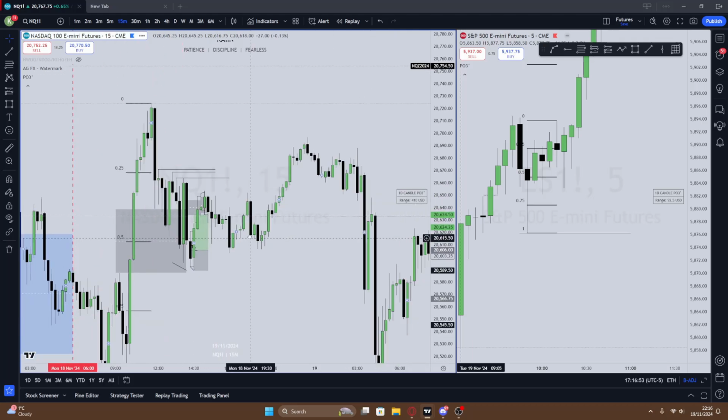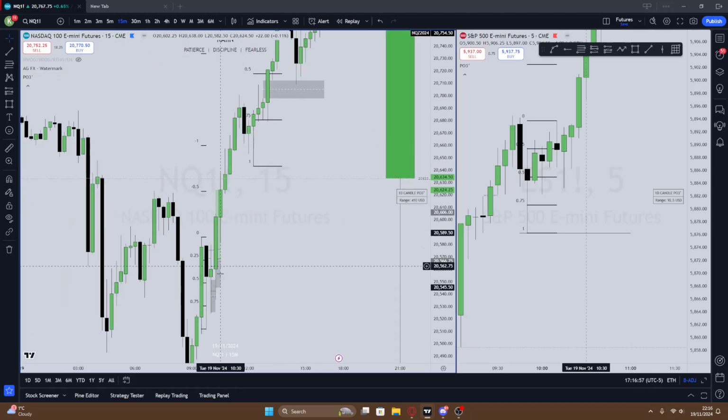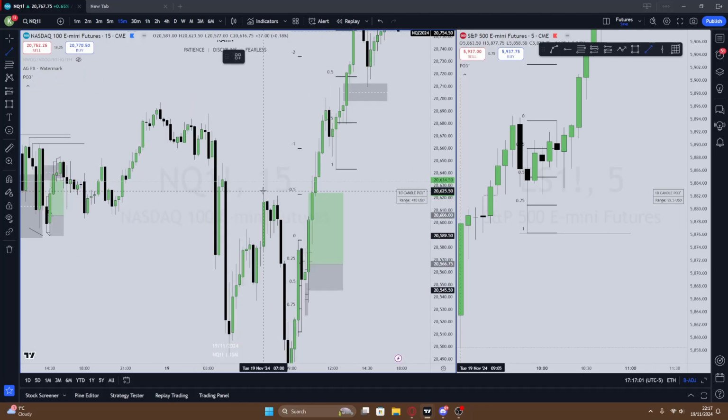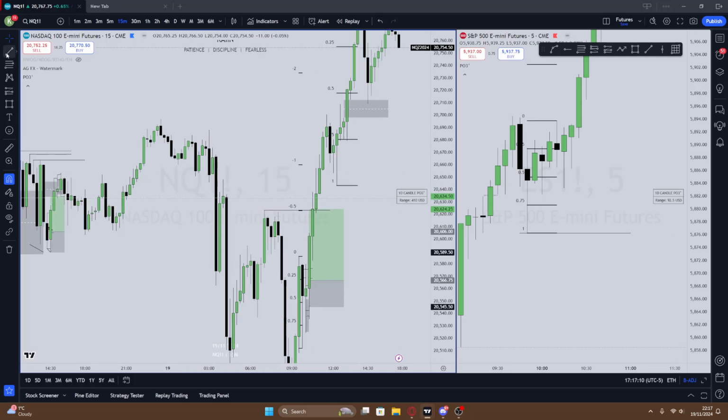Let's see. So yeah, TP1 over here. Still, low resistance liquidity runs might be my new favorite concept now, to be honest. We also have a high point there.